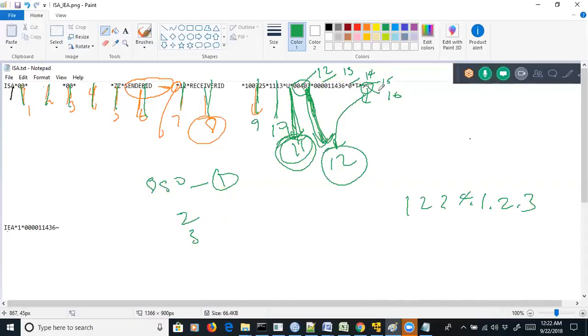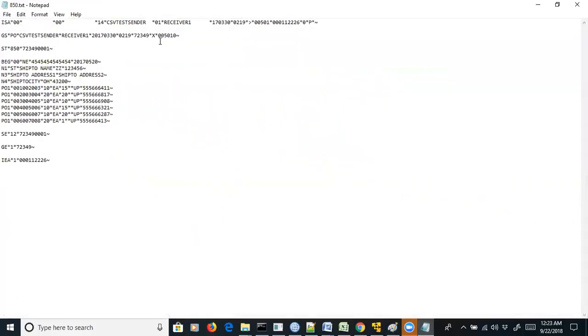I explained earlier that each segment in the EDI file ends with a segment separator. It is tilde in this case, but it can be anything. For example, this record is one segment, and it ends with a segment separator, here a tilde. Here also you see tilde, tilde, tilde, things like that.